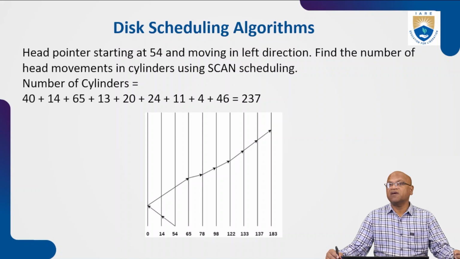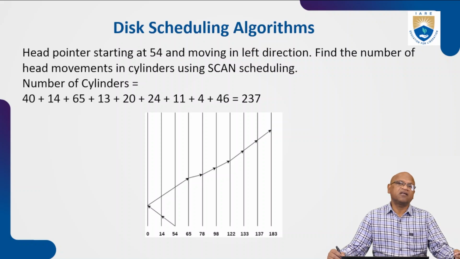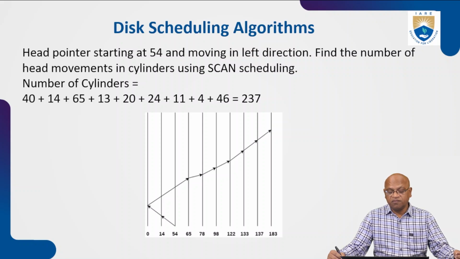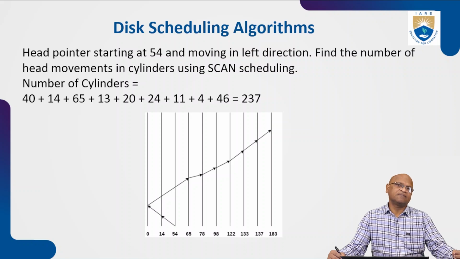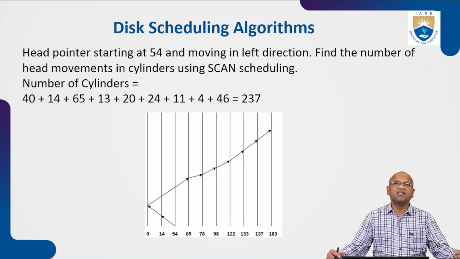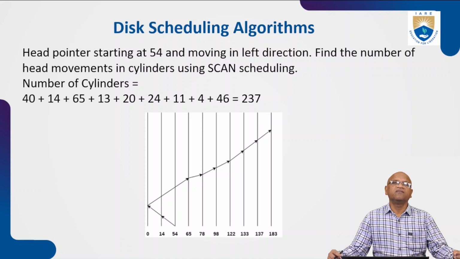From 0 it reverses and goes back, touching the extreme end. So it will go from 0 to 183, touching all the available cylinders on the way, and comes to the extreme end. So this is SCAN. You have to remember it: going to one end and coming back to the beginning.